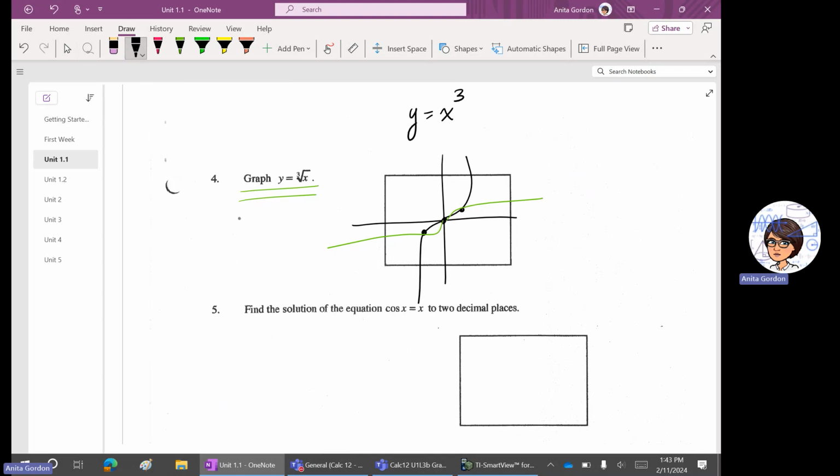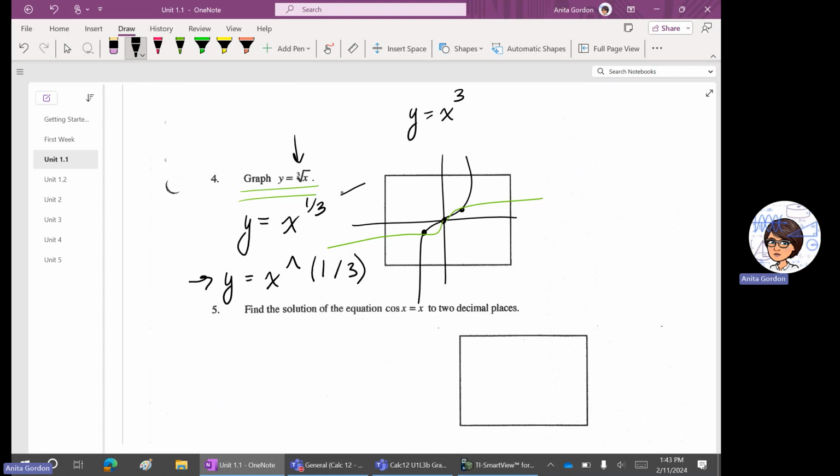However, let us remember that when we do a cube root, this is like saying x to the power of 1/3. So when we type it into our calculator, it's going to be y equals x to the power bracket 1 divide 3 bracket. Okay, so there is no cube root button.